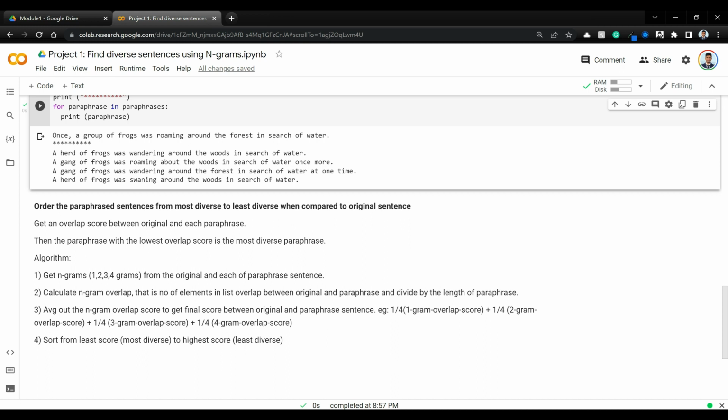So for each sentence, when compared to the original sentence, you can get this average n-gram overlap score, and you can sort them from least score, that is the most diverse, to highest score, that is the least diverse. That's what you can do.